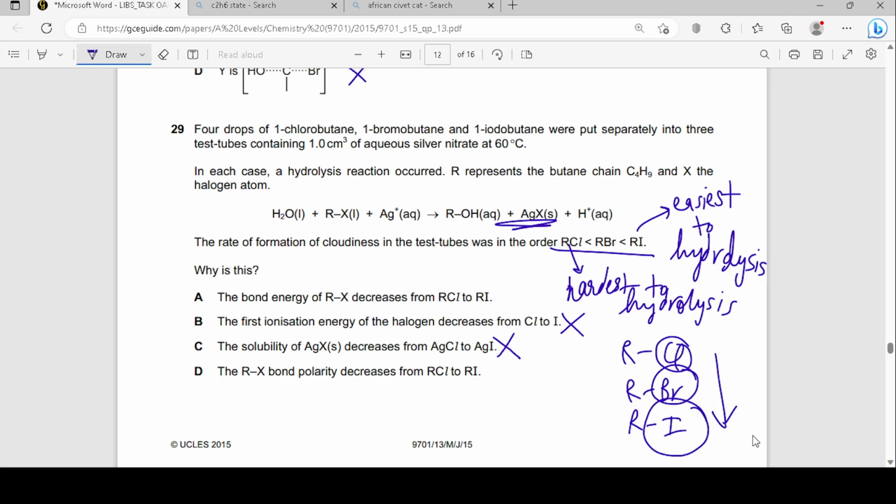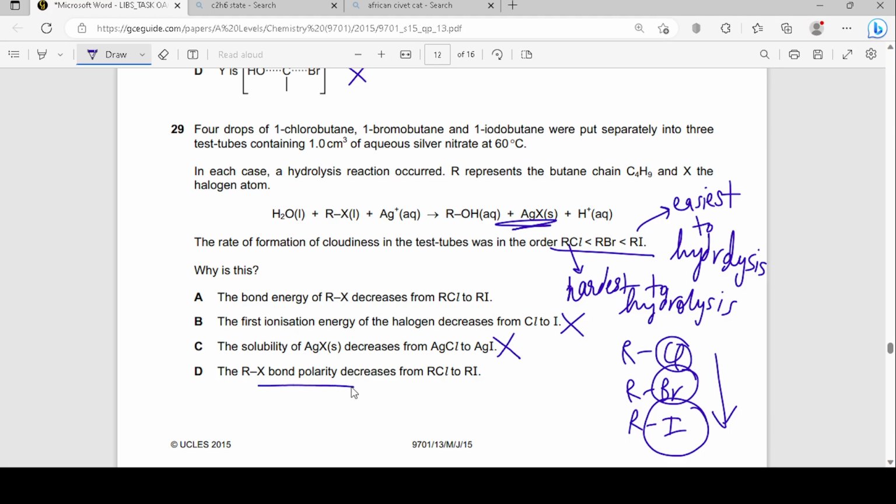So the bond length is greater, and so the bond strength is less, the bond is weaker. So the bond energy of RX decreases from RCl to RI. Sure, it does.